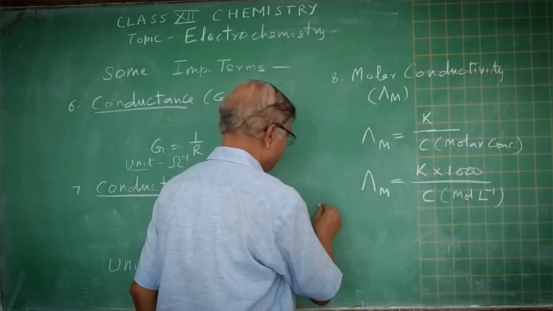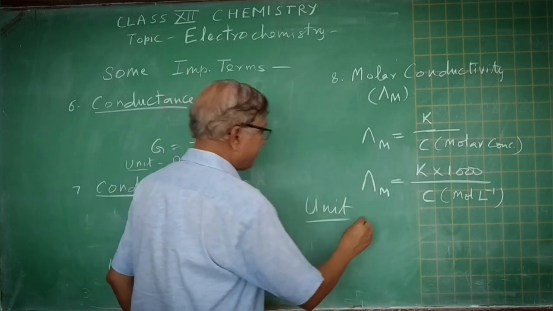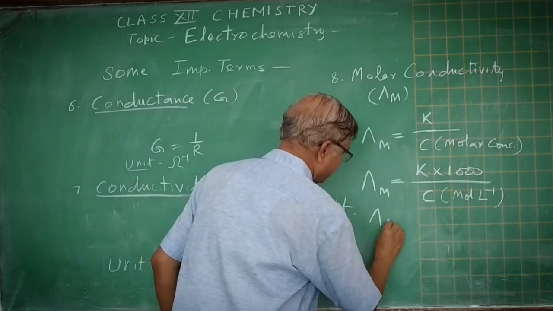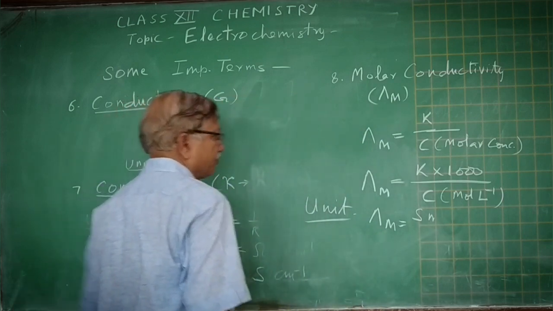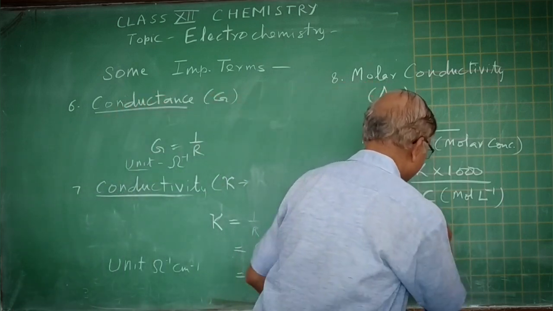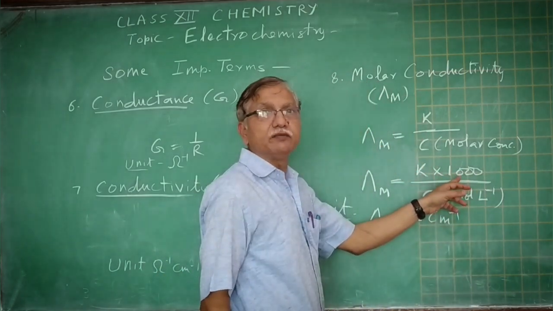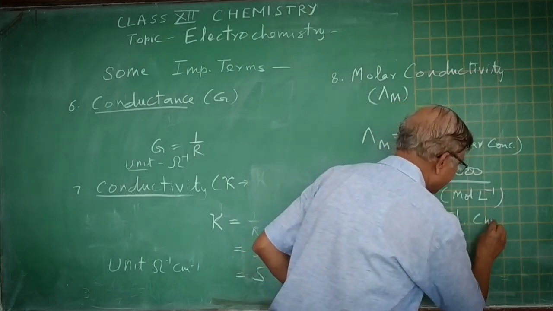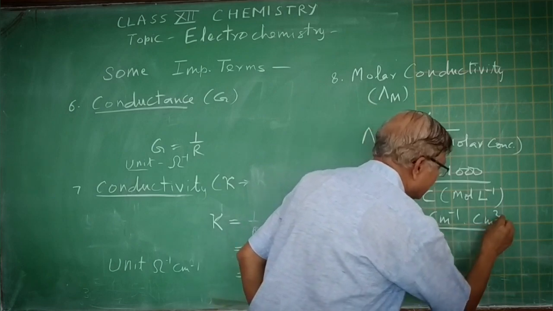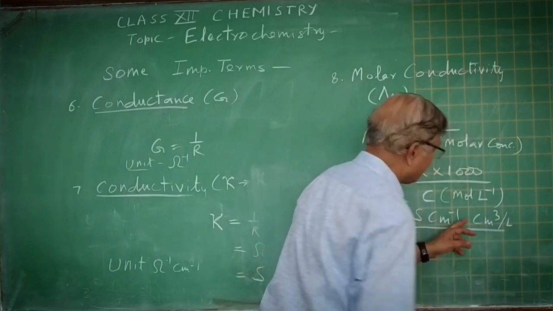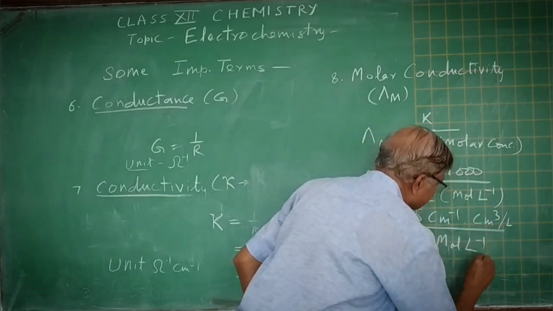Now the unit of molar conductivity. The unit of kappa is Siemens per centimeter, into 1000 centimeter cube per liter, and it is mole per liter.